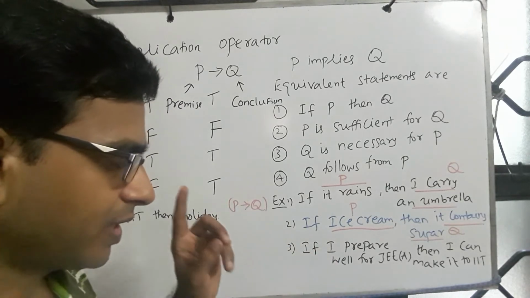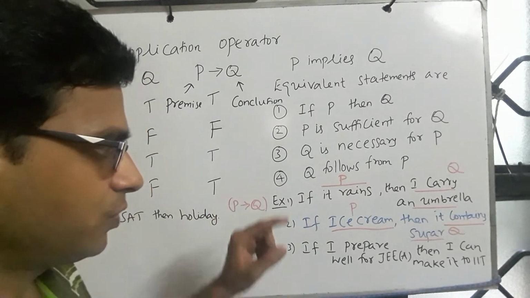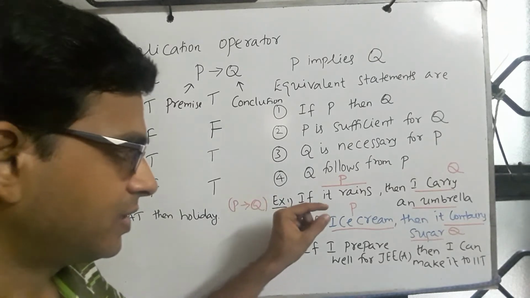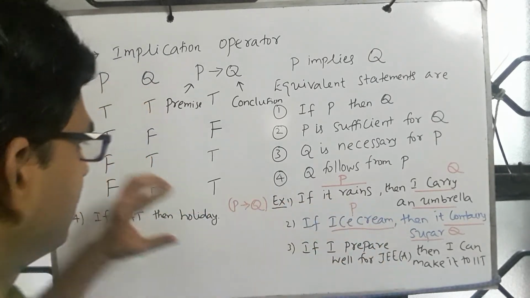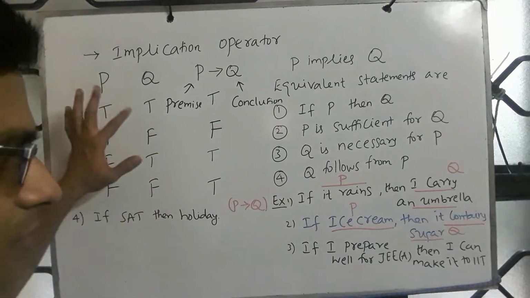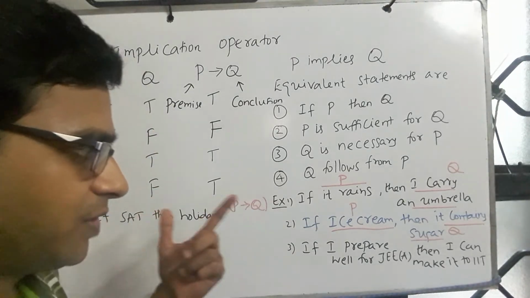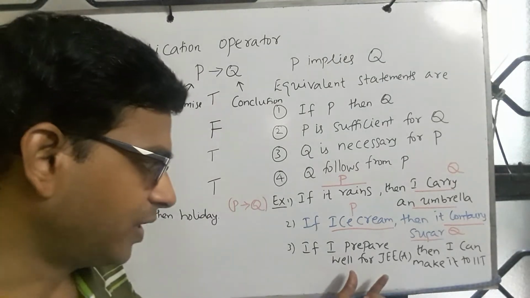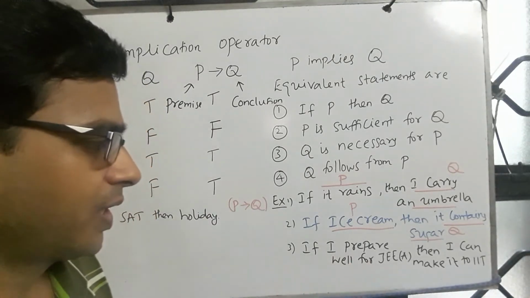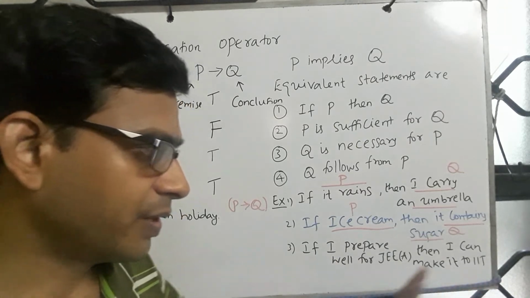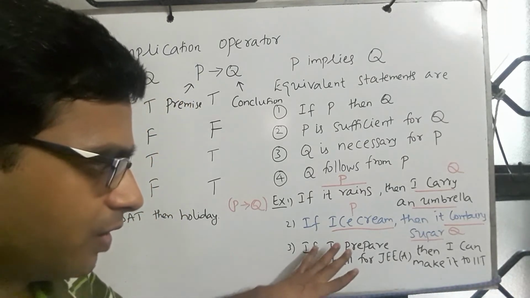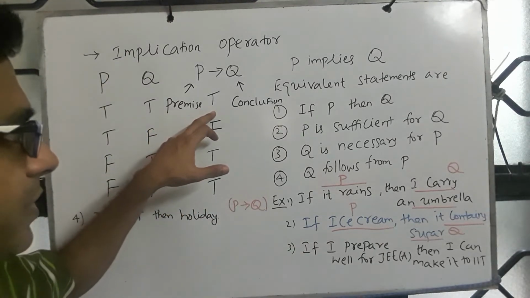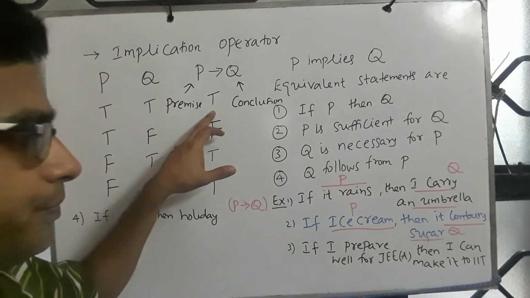I repeat again, we are focusing on the truth value associated with each of them when I instantiate P and Q with respect to this truth table or possible values for P and Q. I prepare well for JEE, then I make it to IIT, and both are true. Then the logical value associated with the statement is true. Okay.